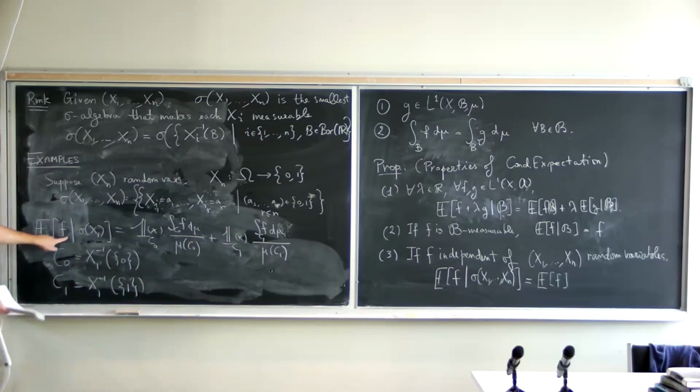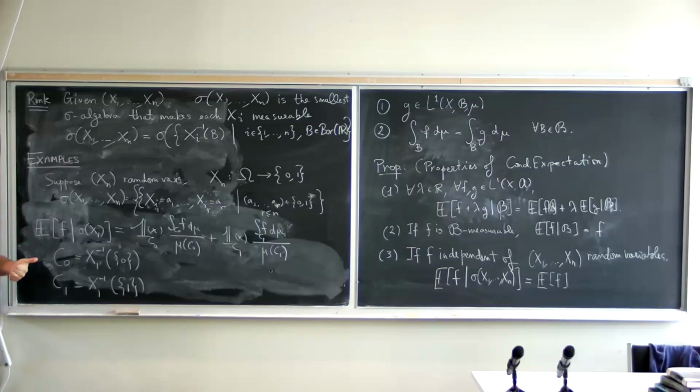So f could depend on many, many things. If we just don't condition at all, we're just taking the expectation of f. This is a number. Now, here we're conditioning on the first outcome. So it's still a variable, but it's a much simpler variable. It's a variable that has two values.